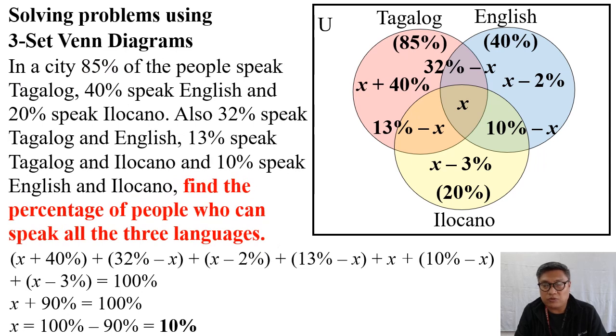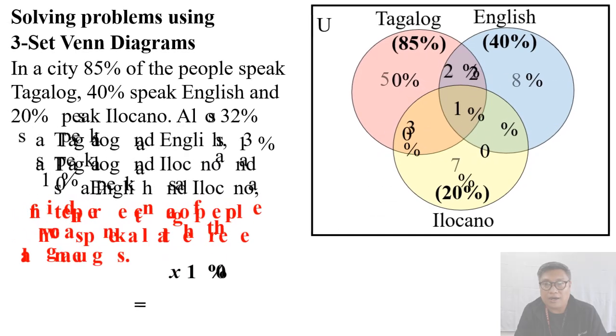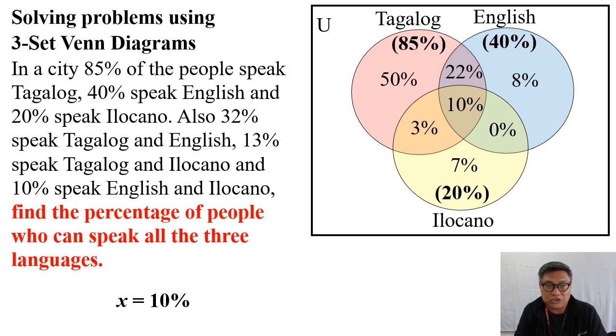So if we have here all the variables involved, simplifying this, equating this to 100%, then we only have x plus the 90% equals 100%. Therefore, x is equal to 10%. And this now answers our question, that there are 10% who speak all the three languages.